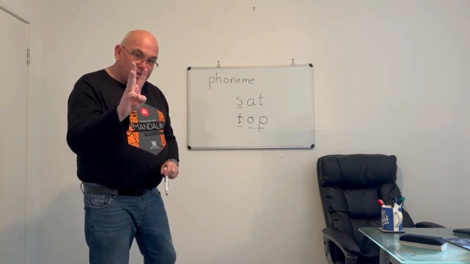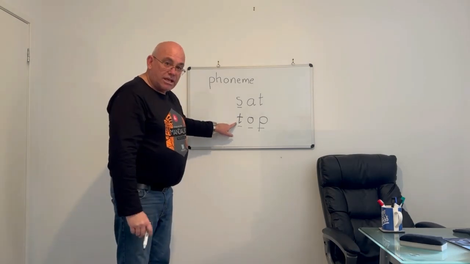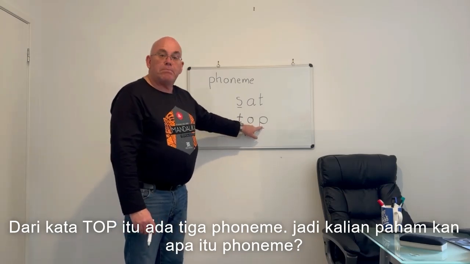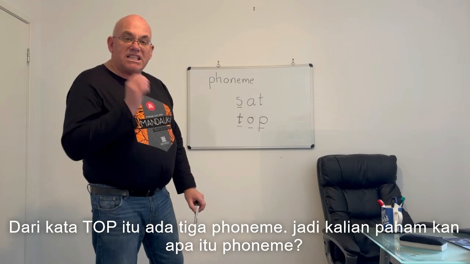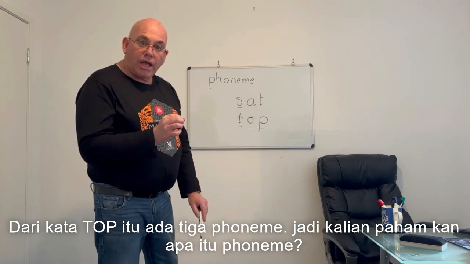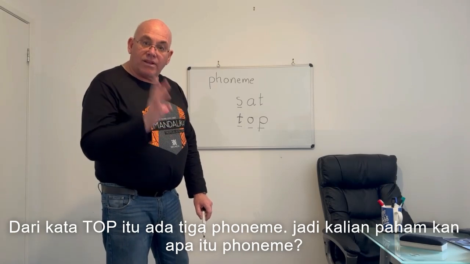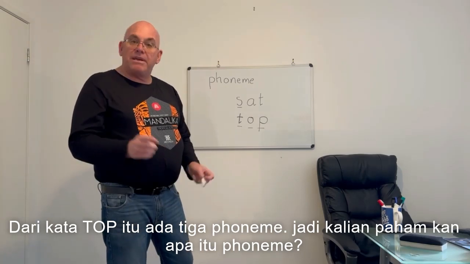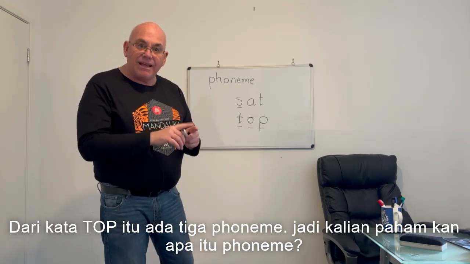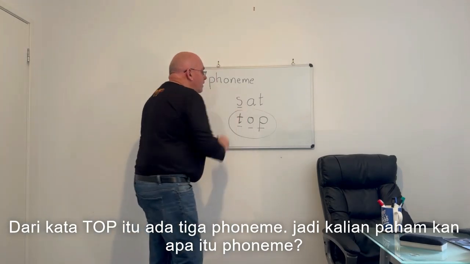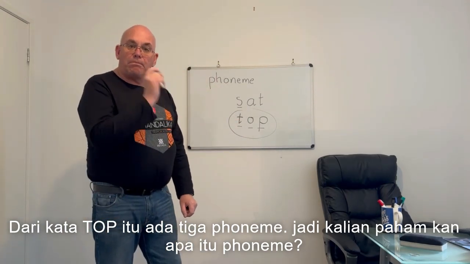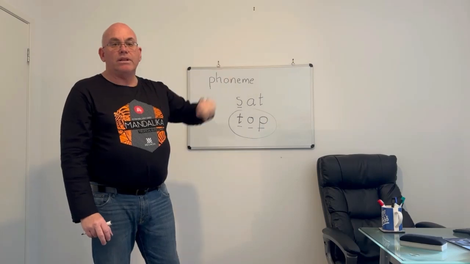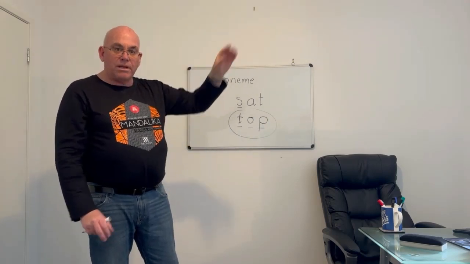There's 3 phonemes in there: the T, the O, and the P. So 3 different sounds. But because we put those sounds together, they make this word for us. T-op, top. Climb to the top of the hill.